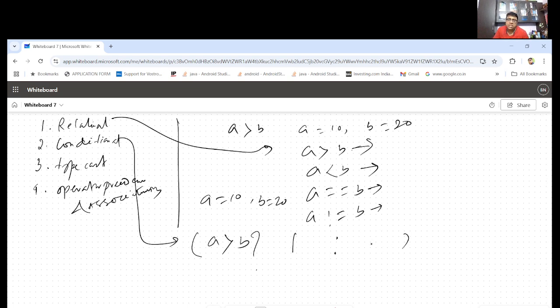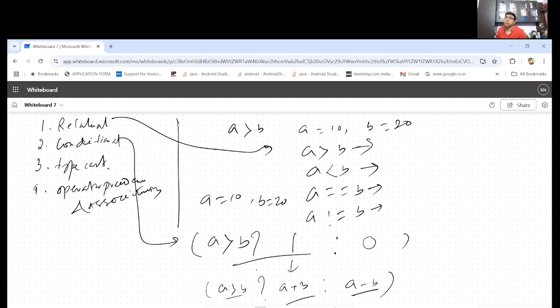If A greater than B is false, then it will give the other result. It doesn't mean that it will always give a constant value. Here you can perform A plus B, as well as some other expression, no problem. So this is about the conditional expression.